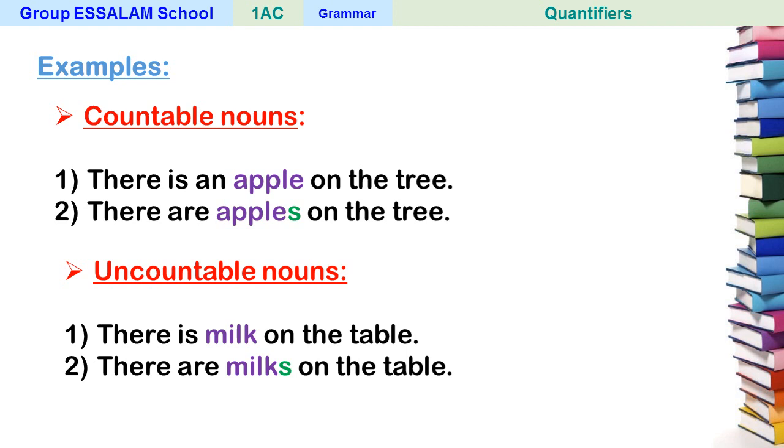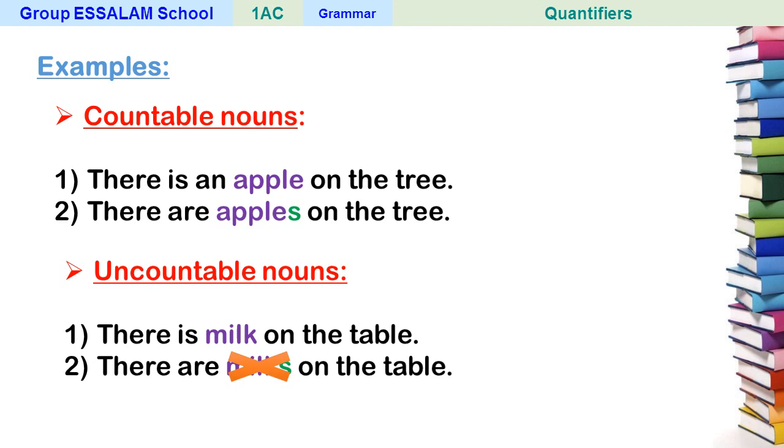Milk is an uncountable noun. And the first sentence is correct. But we would never say there are milks on the table. We cannot pluralize it. We can't add the S because it is uncountable, alright?